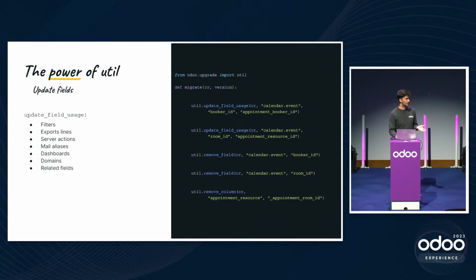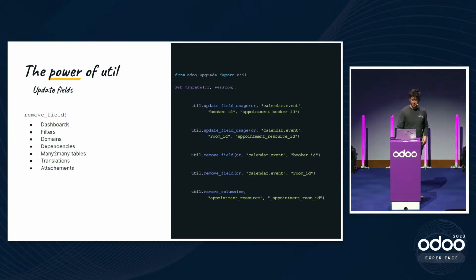For example, your customer liked your customization, but he wanted to use Studio and add a few more bits. Well, you don't have to think of updating those because Util does change those references, like in a related field he created. It's changed automatically with that function.